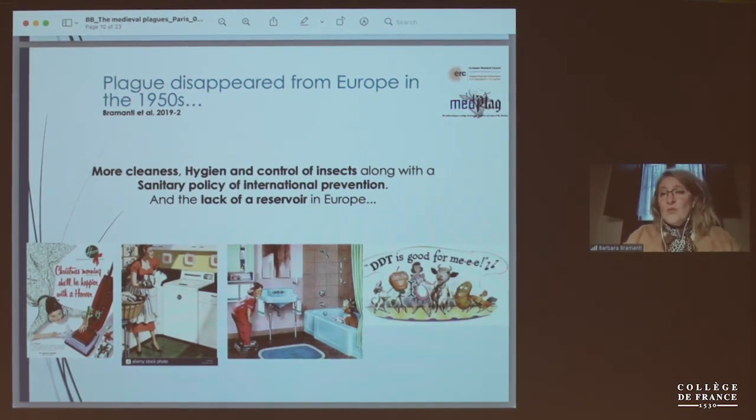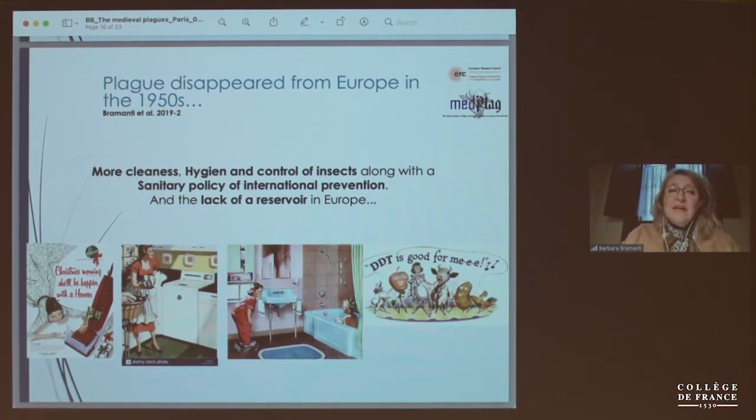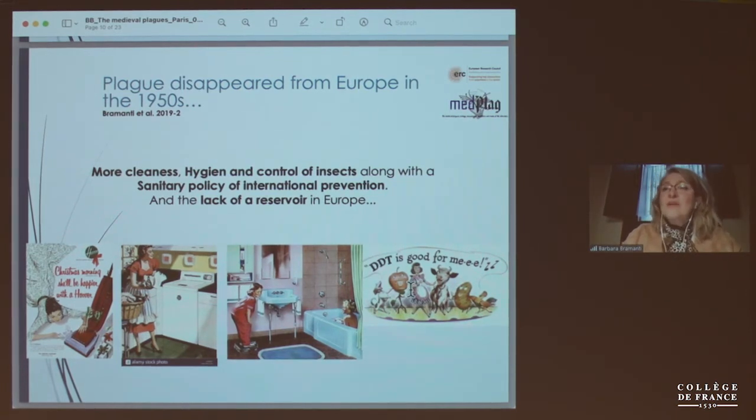For instance, with insecticide, DDT was used massively in this time, but it was also the time of the introduction of domestic and private bathroom, and of domestic wash machine, the Hoover, and other methods. And this can be, of course, one of the causes of the disappearing from Europe of the plague.